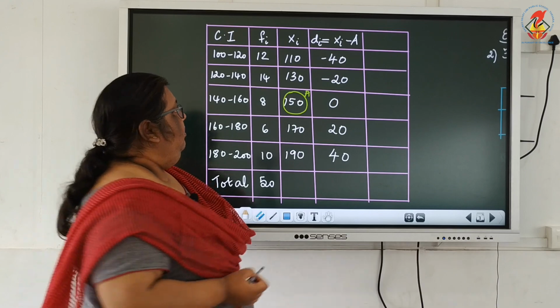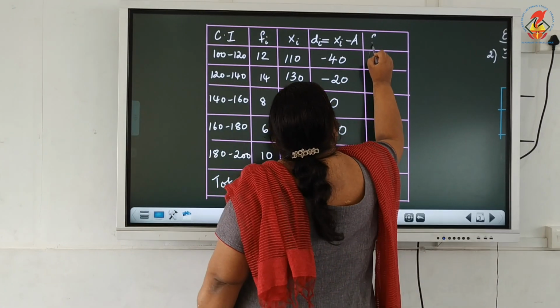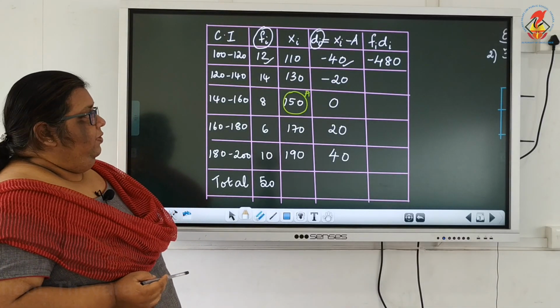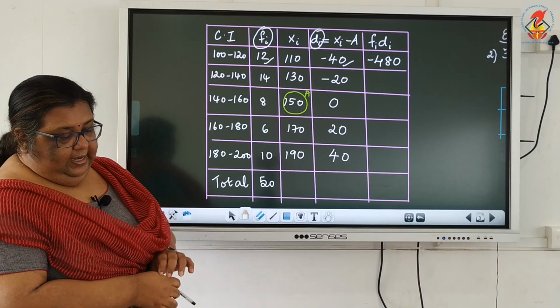Then, we should find fi di. 12 into negative 40 will be minus 480. Then the next one will be 14 into negative 20.